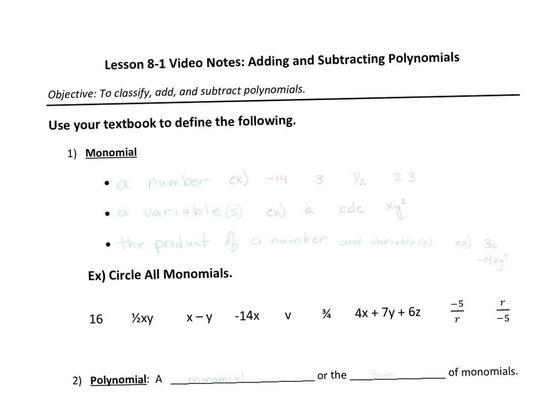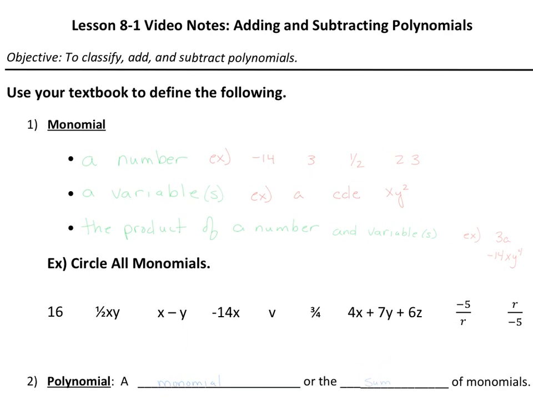So a number, or a variable. Notice that I put, or it could be variables, like A, C, D, E, X, Y, Z, any kind of variables. It doesn't matter if we're multiplying them or not, just as long as there's at least one, okay? So it could be a number, a variable, or the product, and hopefully you remember that product means to multiply, of a number and variable or variables.